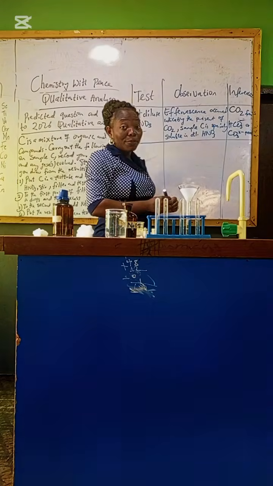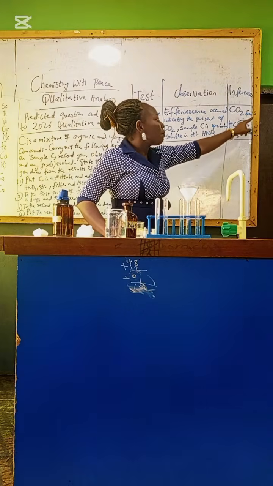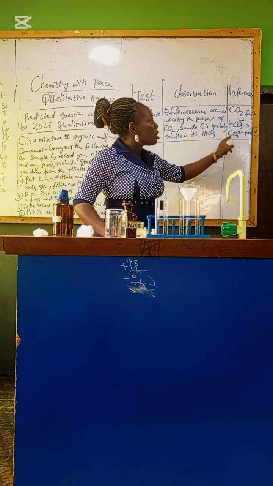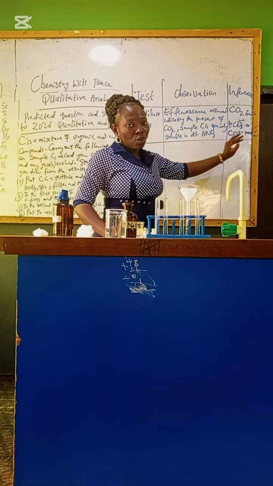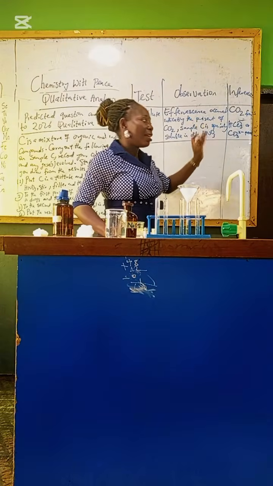Sorry, there is no space, but this is what I wrote. Carbon 4 oxide CO2 from HCO3 ion or CO3 minus present. So that is what we wrote. Make sure you state it very well, state it clearly.